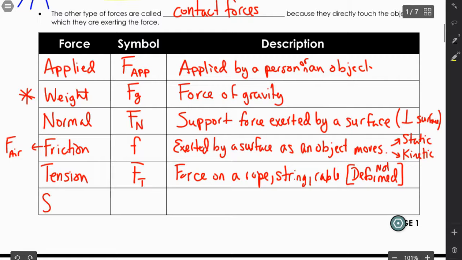The next one is what is called the spring force. F sub s, sometimes you'll see this as F sub sp. This is a force exerted by a stretched or compressed spring.